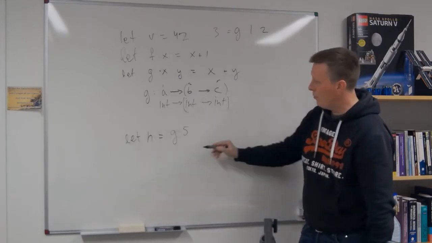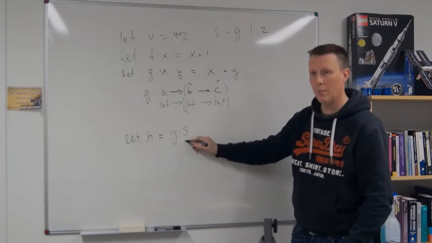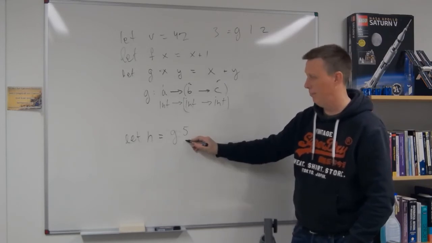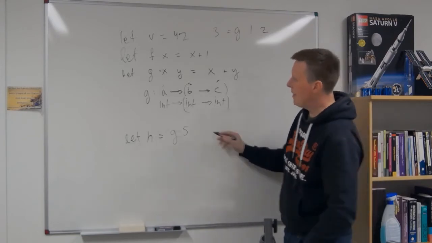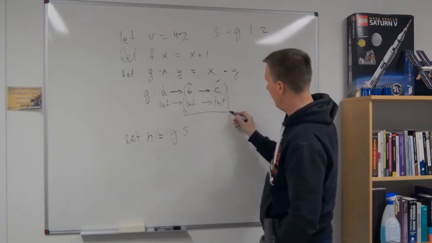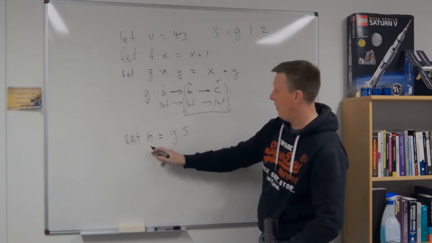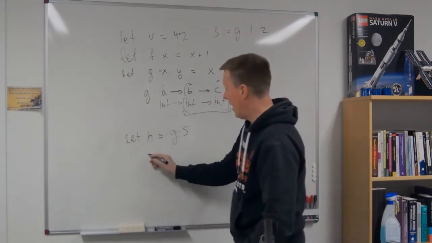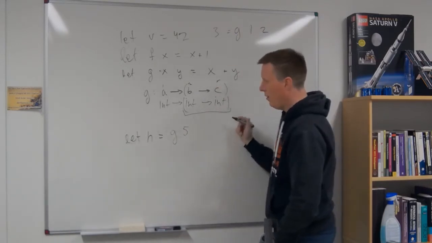And what I now do here is that I actually call this function g with a single argument, which means that what it returns is this thing. So if I would look at the type signature of age here, it would say age is a function from int to int, which is a function of one variable.